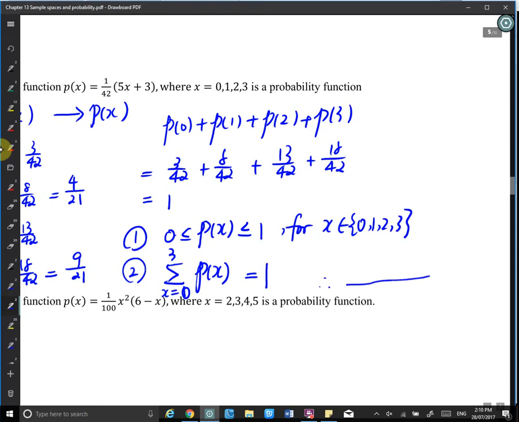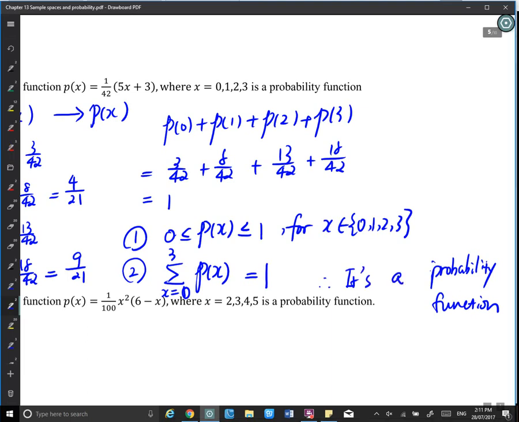So it is a probability function. The sum means you add up all the probabilities starting from x equals 0, finishing at x equals 3, for all the integer numbers.